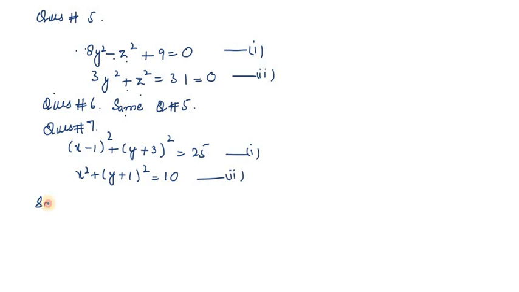So when we go to solve it, equation number 1 uses the formula of (a minus b) whole square and (a plus b) whole square.